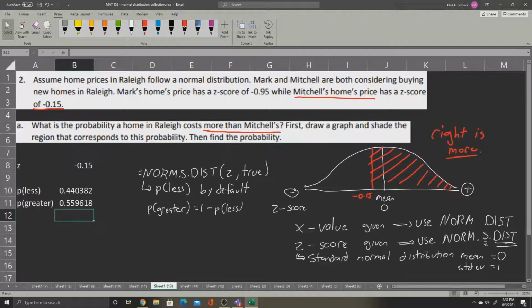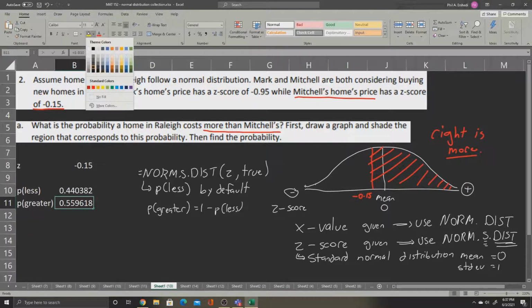This gives us the probability of being greater. Our answer will be 0.559618. That's the final answer for this problem. This corresponds to the red shaded area on the graph. We can tell it should be a little bit bigger than half the graph, so this makes sense.